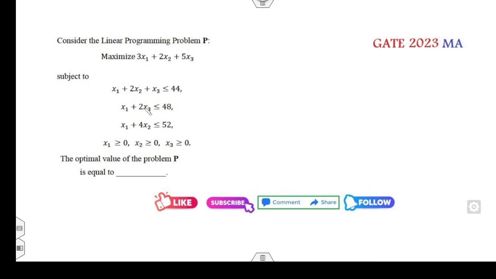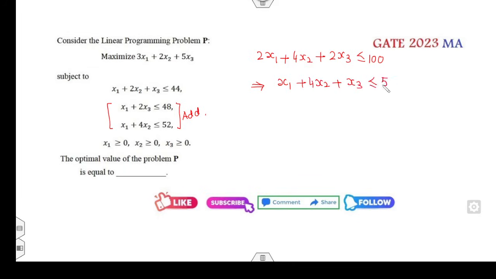फाइन. सबसे पहले इन दो कंस्टेंट्स को देख लेते हैं पहले. If you add them, what will happen? 2x1 plus 4x2 plus 2x3 which is less than or equal to 100. If I divide it by 2, that means x1 plus 2x2 plus x3 is less than 50.